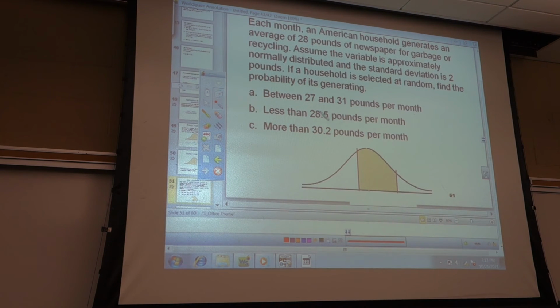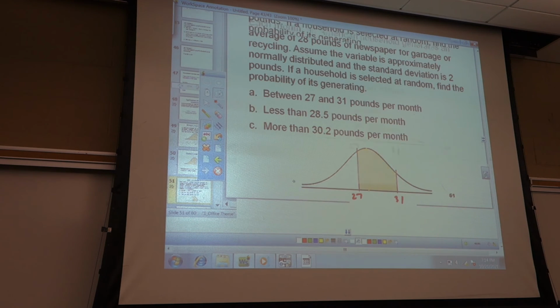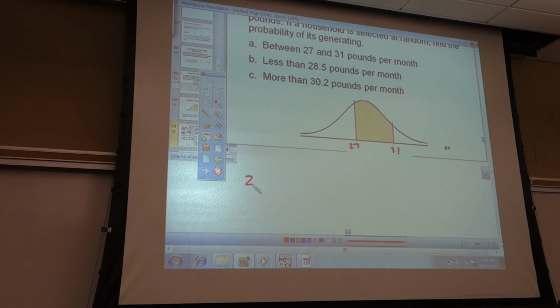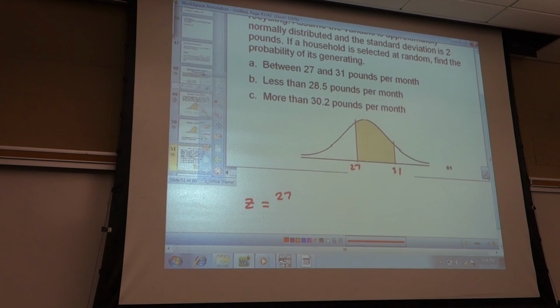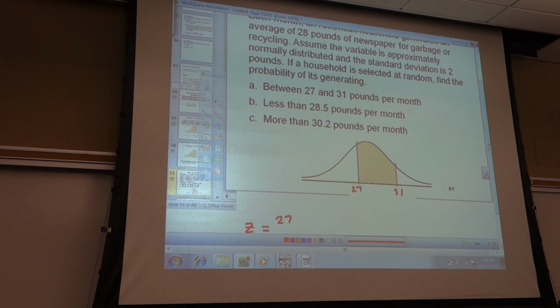Okay, so let's see, 27 and 31 pounds. I need to find the z-scores for each of those. First thing you do, find your z-scores for each of them. How do you find the z-score for 27? Yep, x minus x bar, so 27 minus what's my mean? 28.